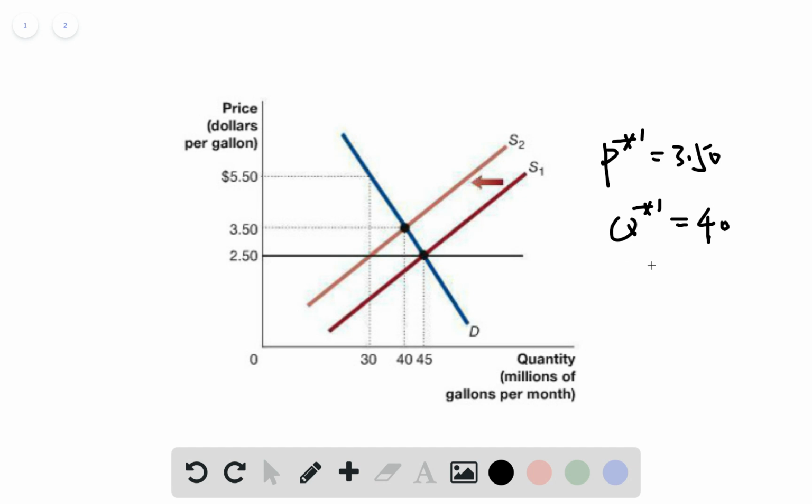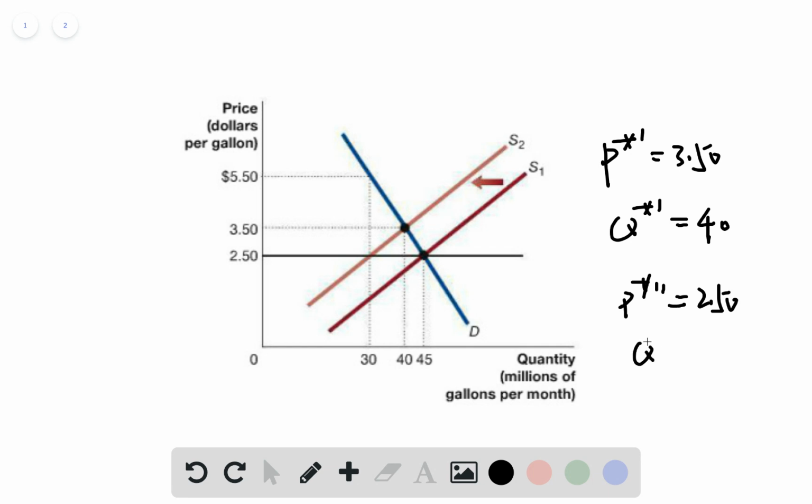Okay. And if now there is a price ceiling, set to 250, but there's no black market, then the new price should be P star double prime equals 250, because this price ceiling is lower than the equilibrium price.